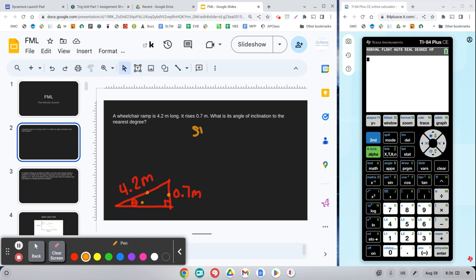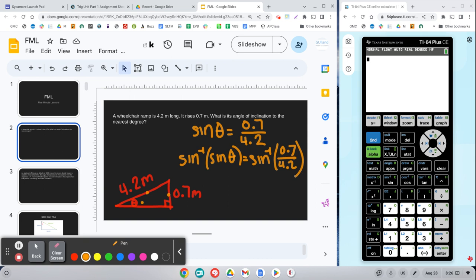So sine is what we'll be using, and sine of theta is opposite over hypotenuse, so 0.7 over 4.2. Take the inverse sine of both sides to cancel out sine on the left. So these cancel out, you're left with theta on the left, and on the right, you can just put it directly into your calculator.